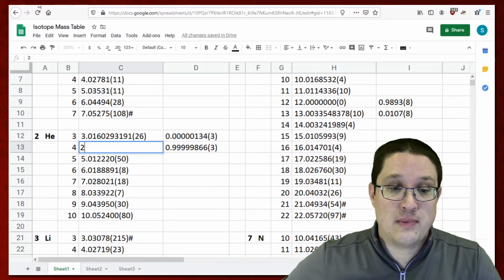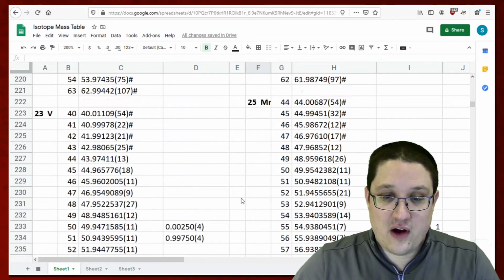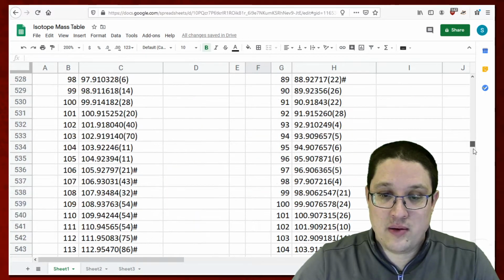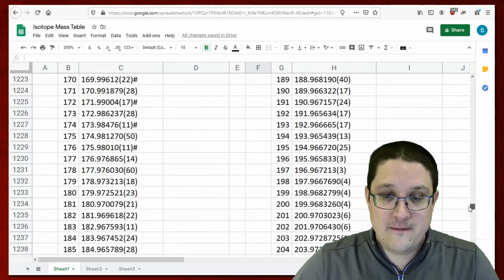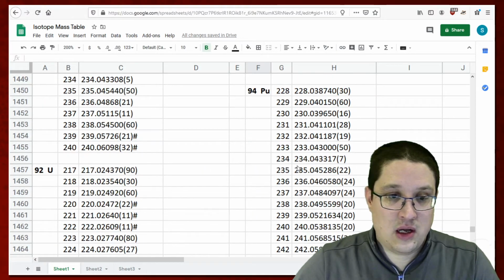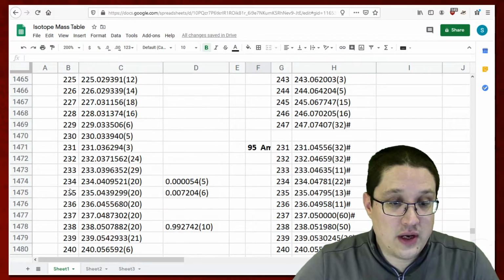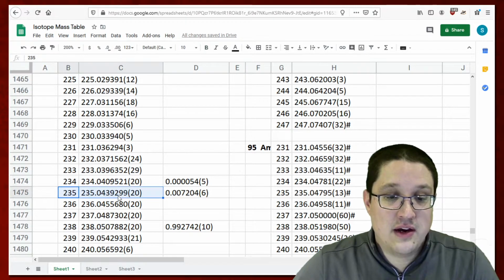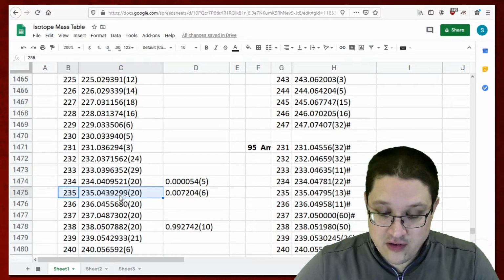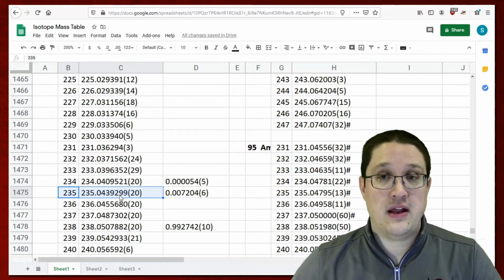So if I go look at my isotope mass table here, I can find way down at the bottom uranium. Here's uranium. So if I take a look for uranium-235, here's my mass. And then I could find strontium and xenon and find those masses and find the energy released.